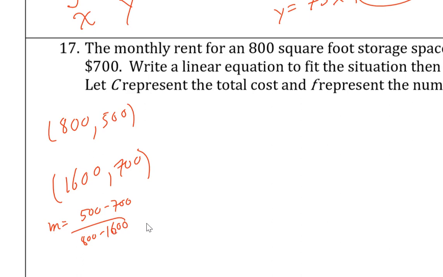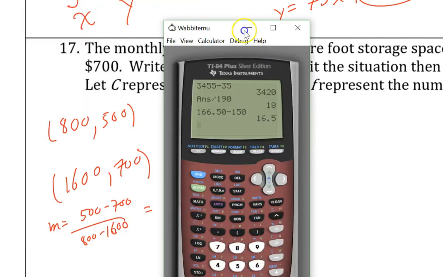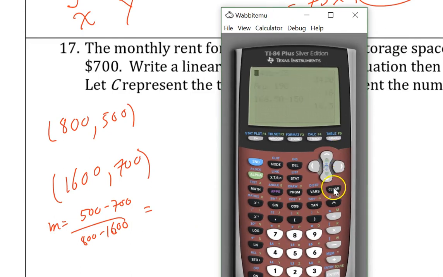Oh, it should be 16 there. Oops, wrong button. And we get 0.25.